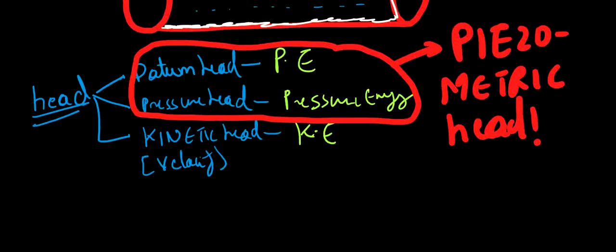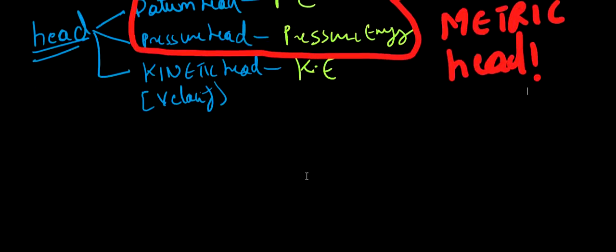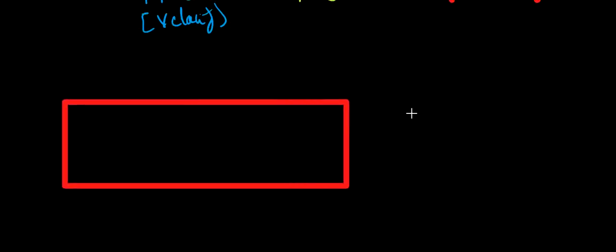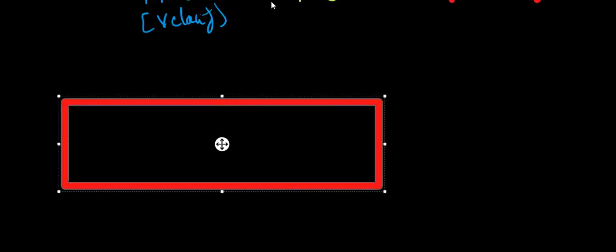Okay, so let's understand these heads in a better way by taking an example. Let's take the case of a pipe only. Suppose this is my pipe section. Now my fluid is flowing in this, and the direction of flow is from left to right only.